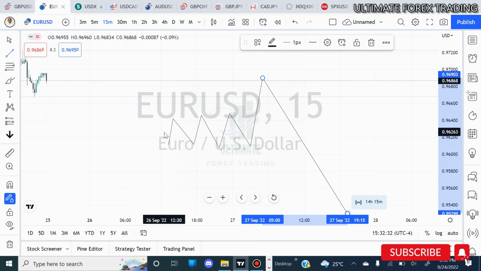An ideal day for trading the Power of Three concept is when there is accumulation or consolidation of price during the Asian range. And the Asian range usually starts from 2 p.m. to 8 p.m. Eastern Standard Time, right?